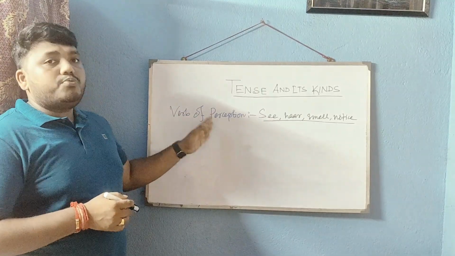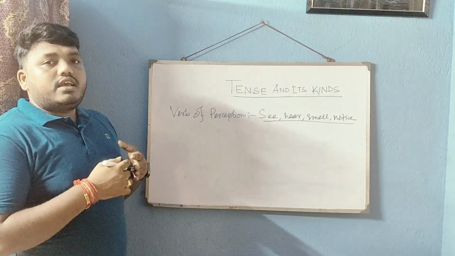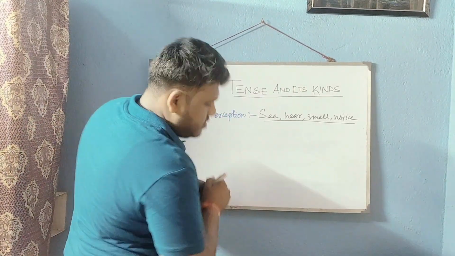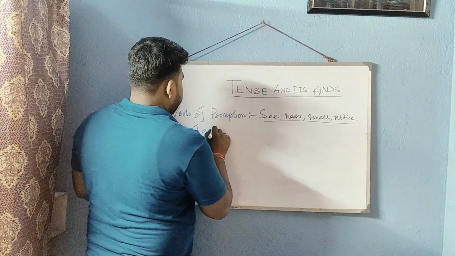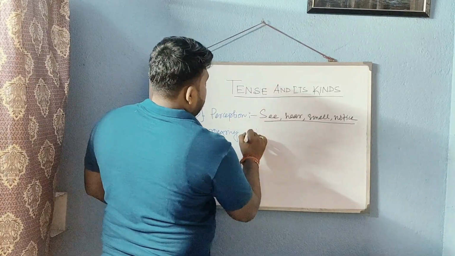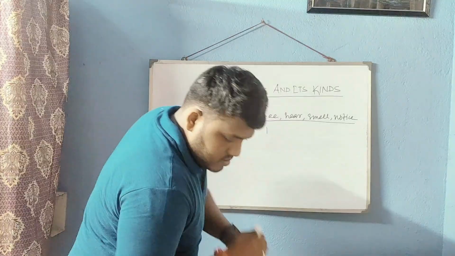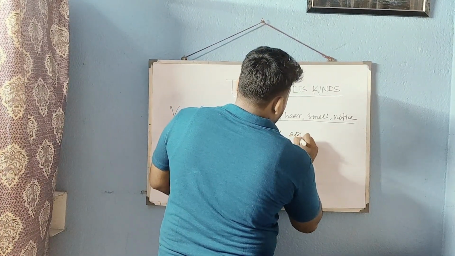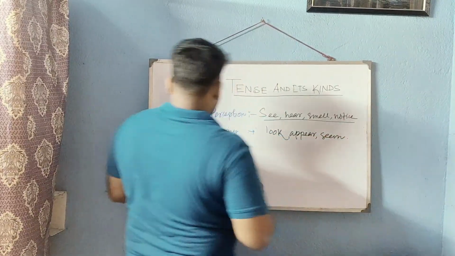They are actually called non-progressive verbs. There are other verbs as well which are never used in the continuous form. Verbs of appearing: look, appear, seem.